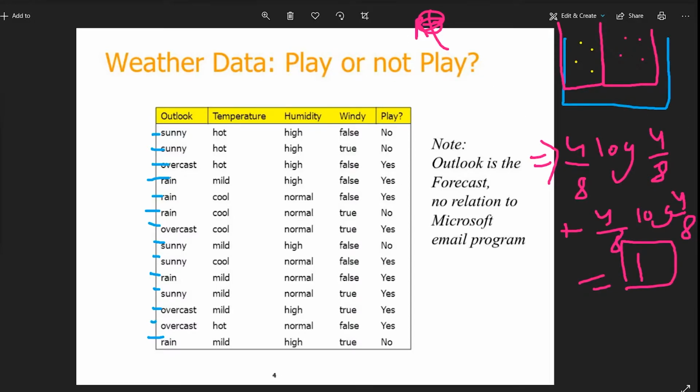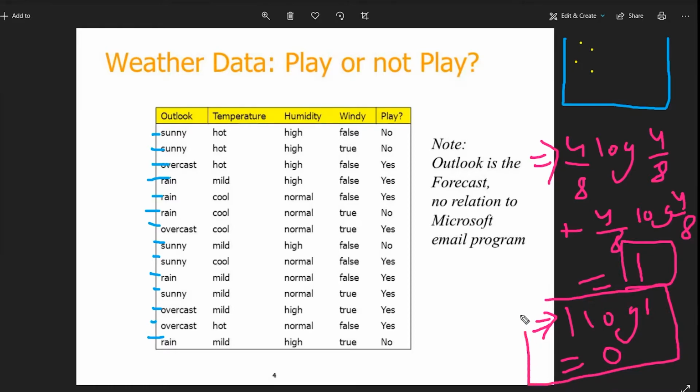Now let's suppose in this box there are only yellow balls. So how is it going to play out? It is going to be 1 log 1, and this 1 log 1 is going to result in 0. So this is our entropy.